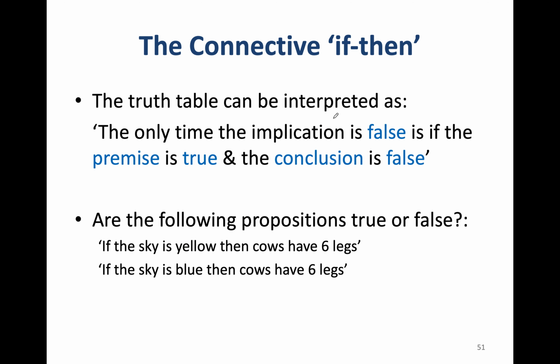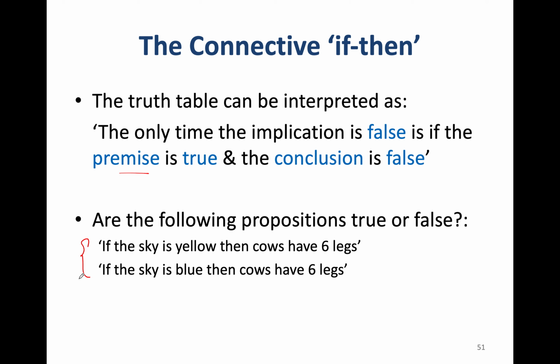The truth table can be interpreted as: the only time the implication is false is if the premise is true and the conclusion is false. The premise is the first part, the condition, the thing that they should do. The conclusion is the result. So you can check those statements on your own.